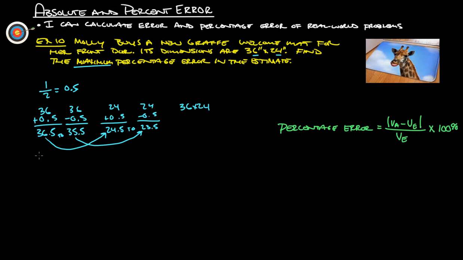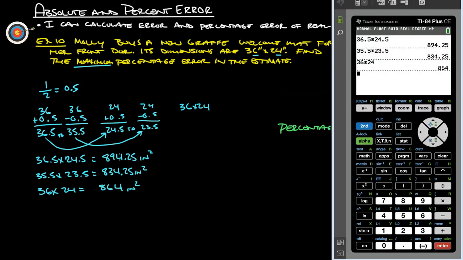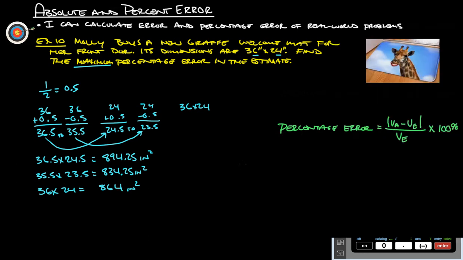So we've got 36.5 times 24.5, 35.5 times 23.5, and the estimate of 36 times 24 as well. We want to figure out all three of those. Here are our 3 calculations.